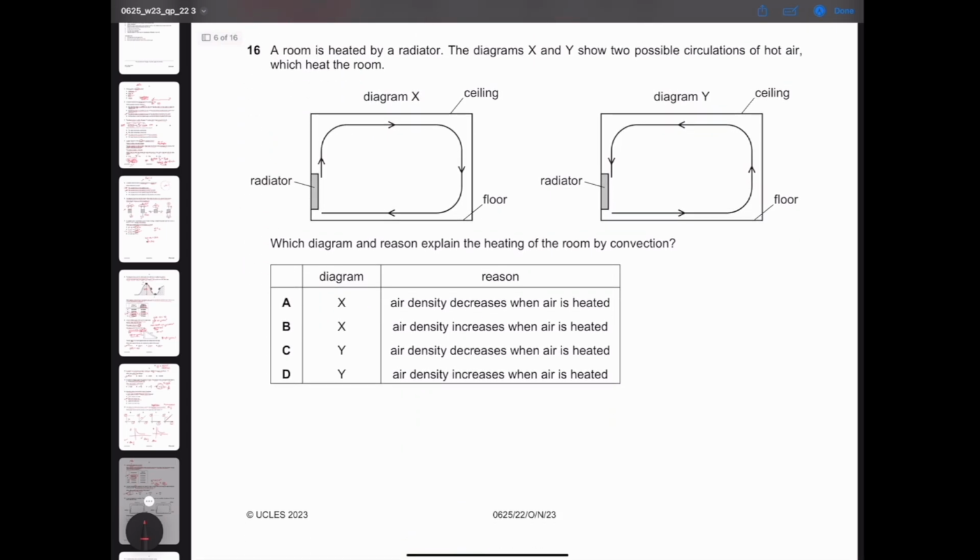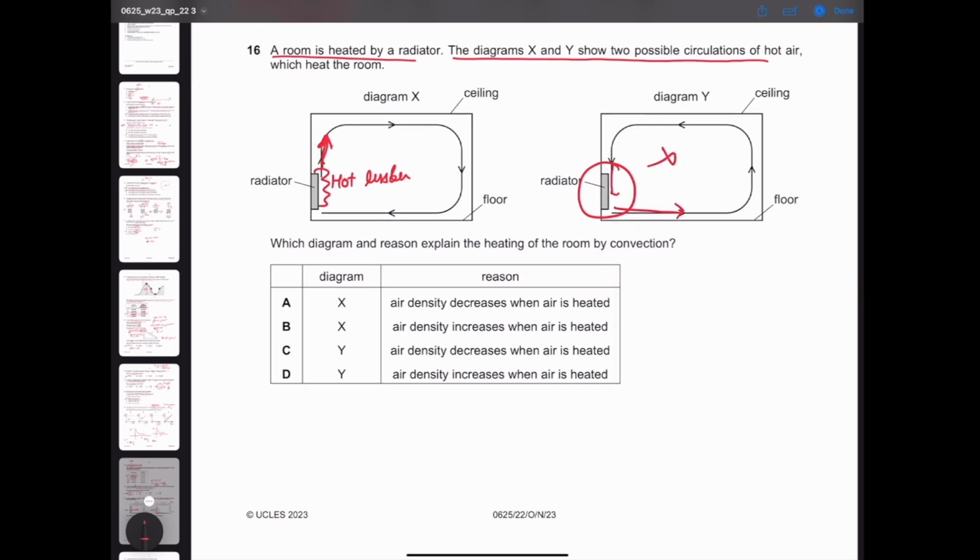Question 16. A room is heated by a radiator. The diagrams X and Y show two possible circulations. So they're talking about convection here. And we know that wherever the radiator is present, there hot air will be present. And hot air has less density. So it goes up. Hot air goes up. In this case, they are saying hot air goes down and goes towards the right.